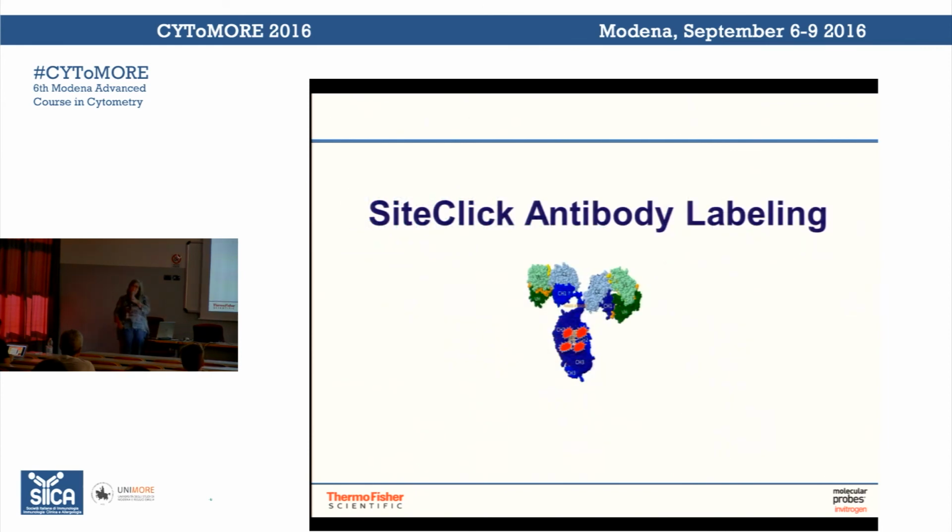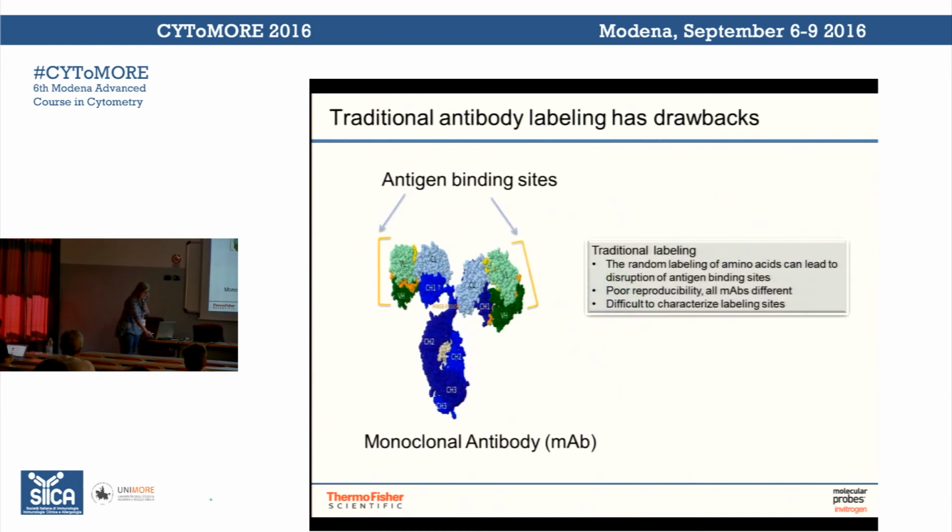So another application of click chemistry is the cyclic antibody labeling. Traditional labeling mechanisms have this sort of random labeling of amino acids. This can lead to disruption of the antibody binding sites and may cause poor reproducibility, and certainly there is a bit of optimization required.